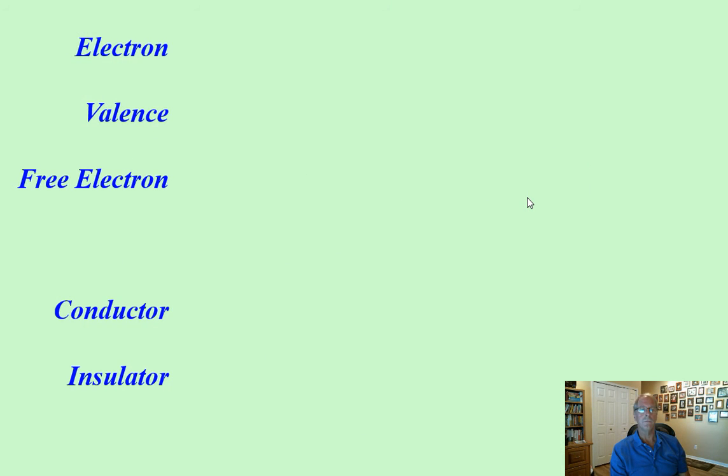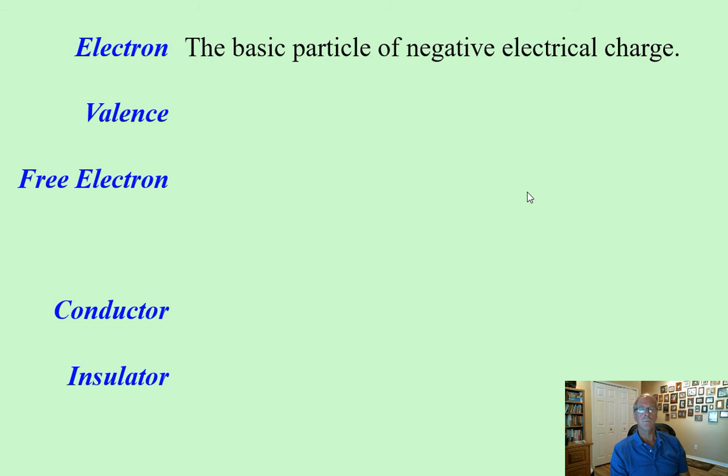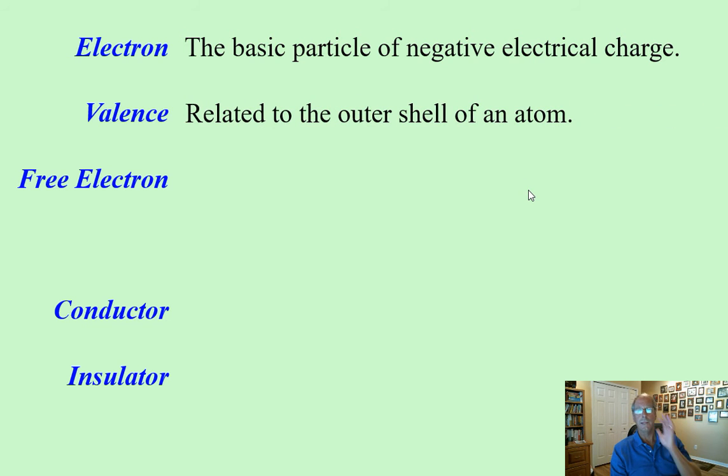Okay, what do we got here? Some key terms. Electron is a basic principle of negative electrical charge. Valence is related to the outer shell of an atom. That's really where all the action happens. That's where all the exchange of holes and electrons happens.